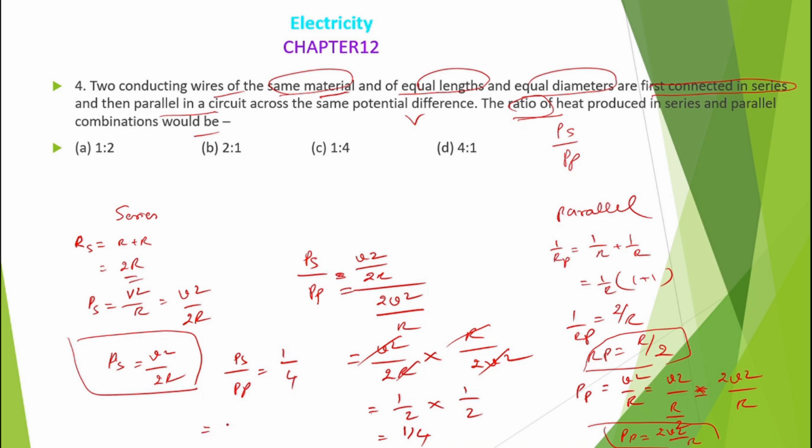That means the ratio we have to tell, PS is to PP is equal to 1 is to 4. So this is the answer. Now you see, 1 is to 4, here it is. This is the answer.